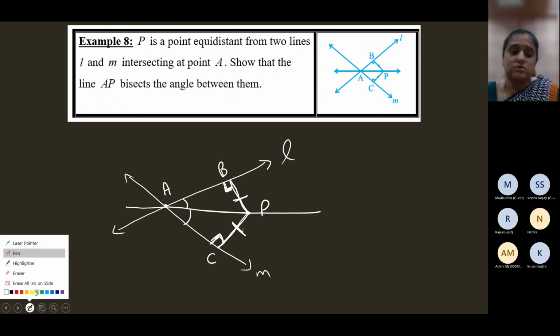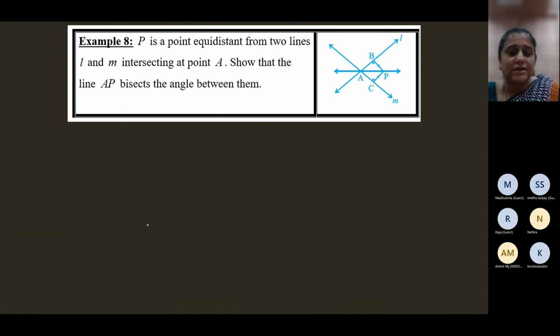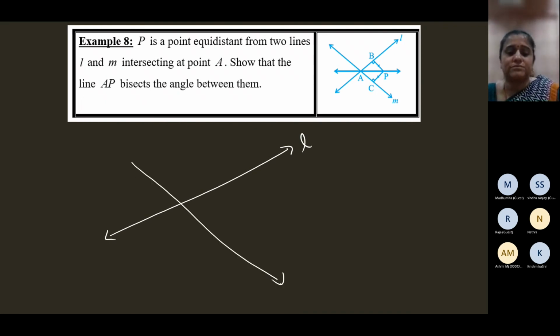I'll draw the figure again, children. Two lines L and M. This is line L and this is line M. They intersect at the point A. Now P is some point which is equidistant from L and M. If you walk from P to L, or from P to M, the distance is the same, and the distance is the perpendicular distance.